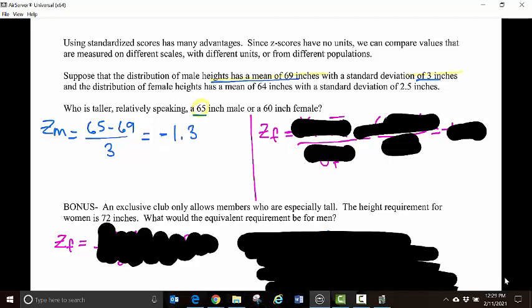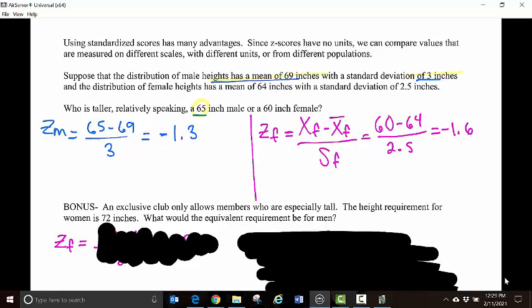And I could do the same thing for the female. The guy is 1.3 standard deviations shorter than his peers, while the girl is 1.6 standard deviations shorter than her peers. Who's shorter? The female. Compared to all other girls, she's shorter than he is compared to all other boys.